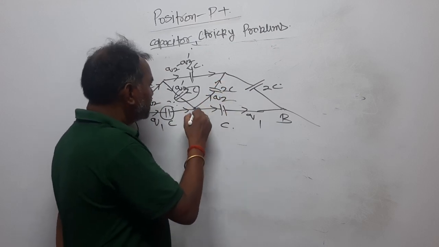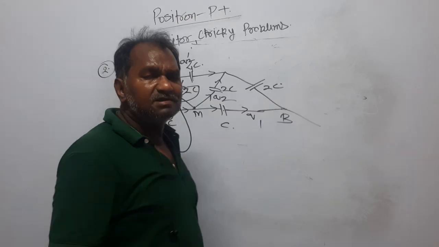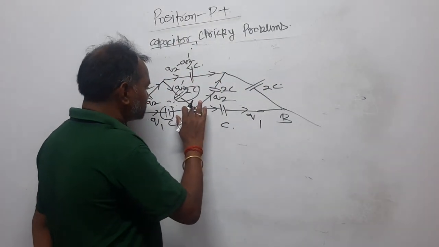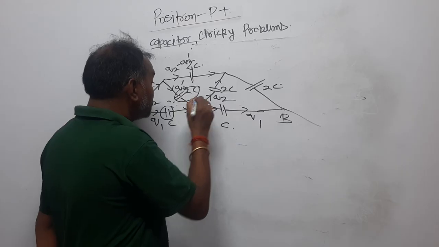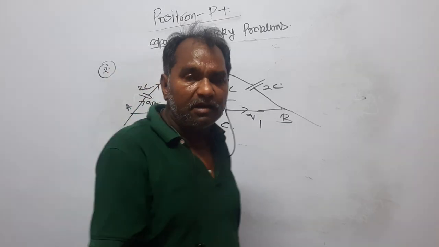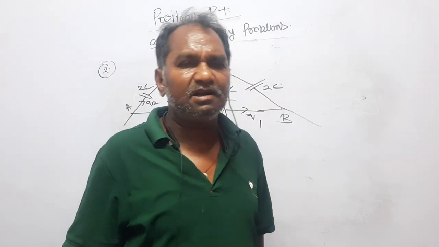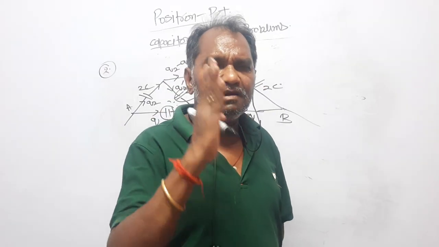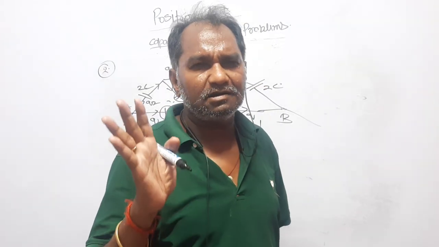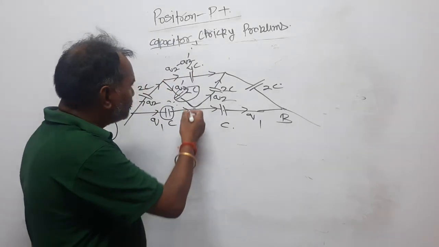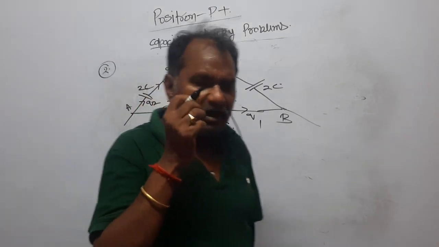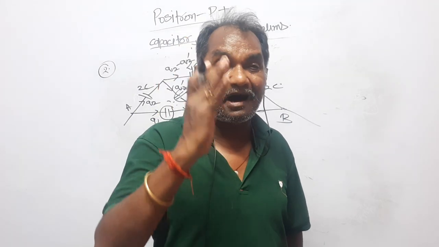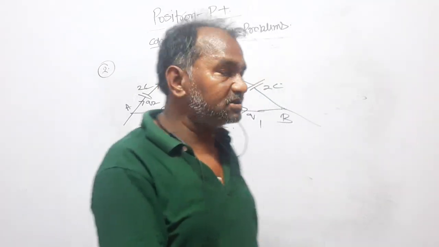Then this junction M is irrelevant, so you can break the junction in this way. Even after breaking the junction, there is no change in the symmetry. We have removed the junction, but the symmetry remains intact, invariant.